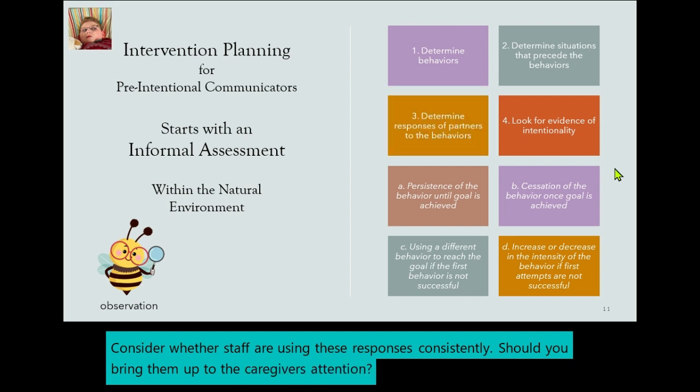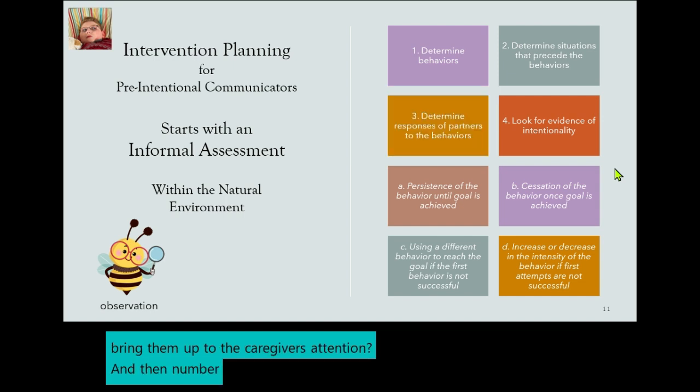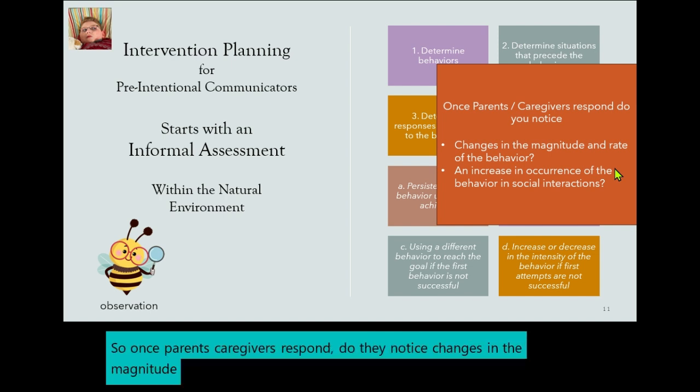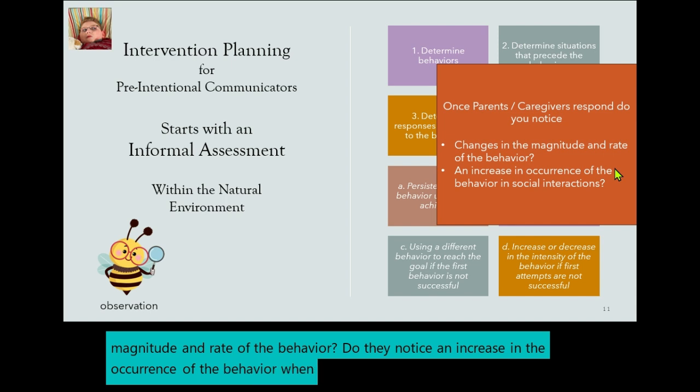And then, number 4, look for evidence of intentionality. So once parents, caregivers respond, do they notice changes in the magnitude and rate of the behavior? Do they notice an increase in the occurrence of the behavior when people are around?